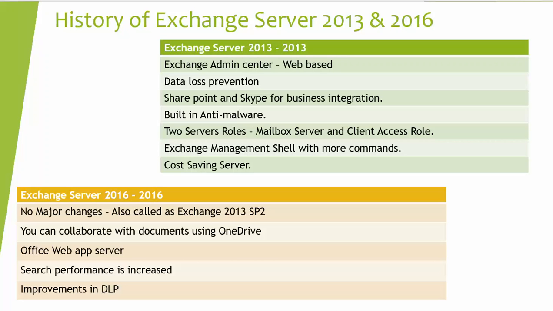Data loss prevention is really a good thing because it is a system designed to detect a potential data breach, leakage, or incident in a timely manner and prevent it.